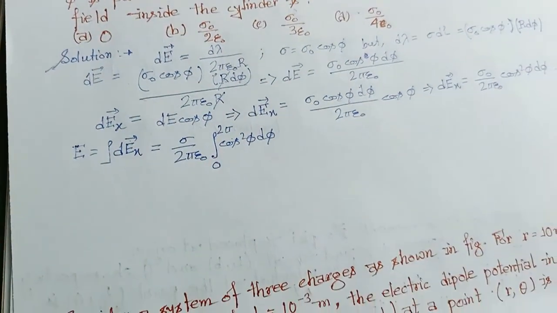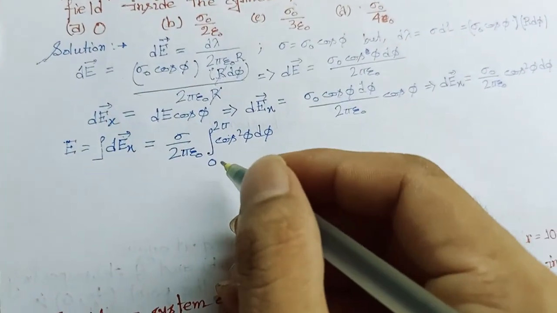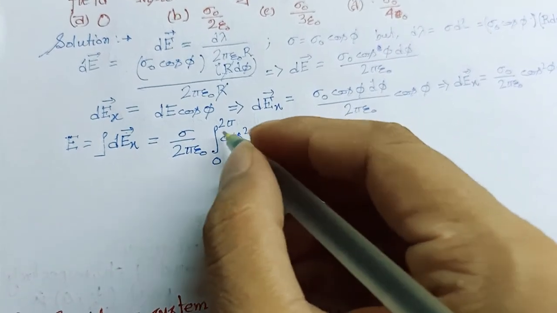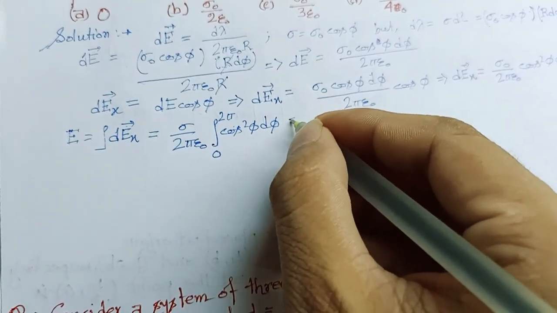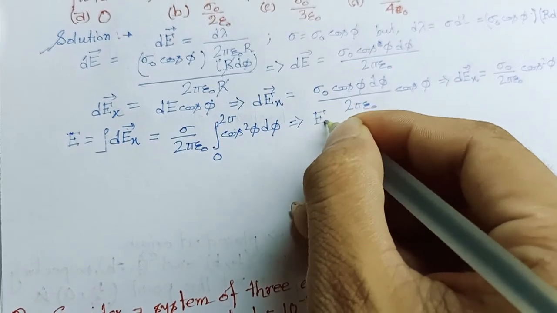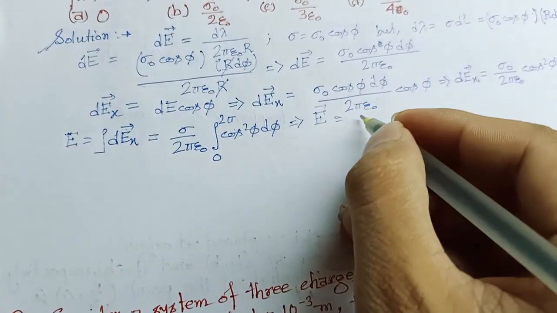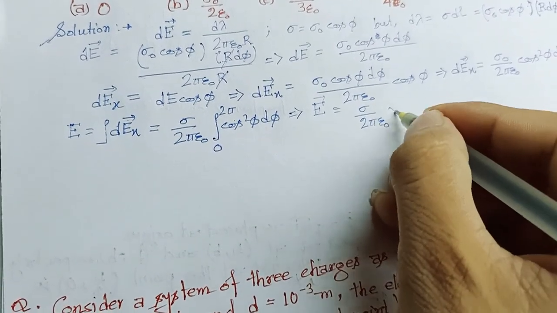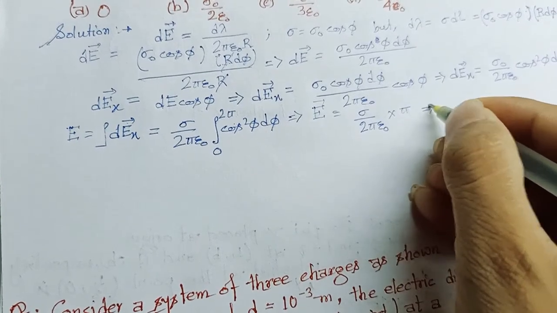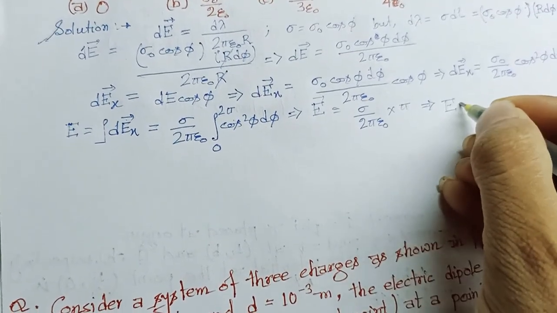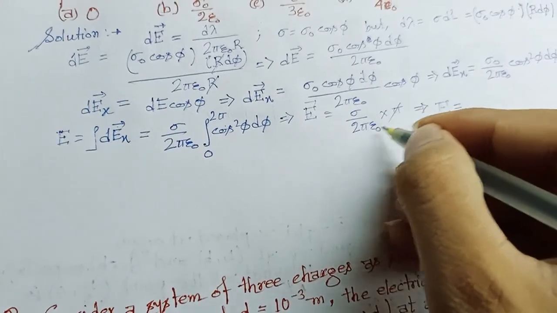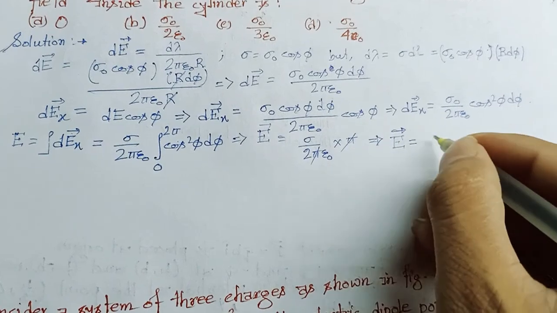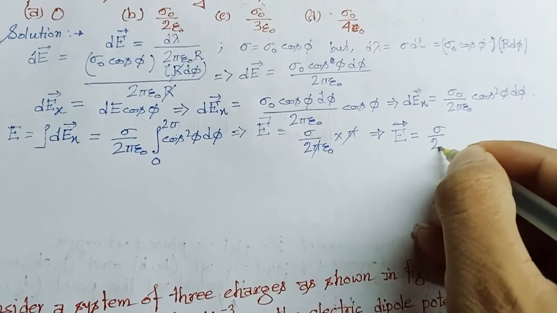As we know, the integral of cos square phi d phi from 0 to 2 pi is equal to pi. So E will be equal to sigma naught divided by 2 pi epsilon naught into pi. This pi will get cancelled, so the net electric field will be equal to sigma naught divided by 2 epsilon naught.